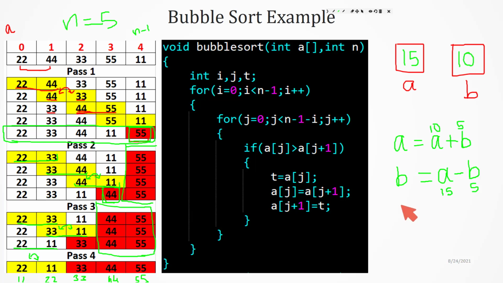Now, A equal to A minus B again. Earlier it is 10, here it is 5.